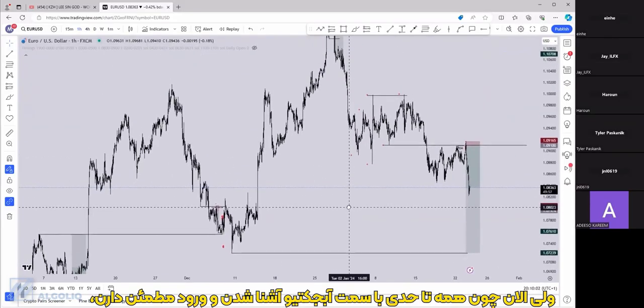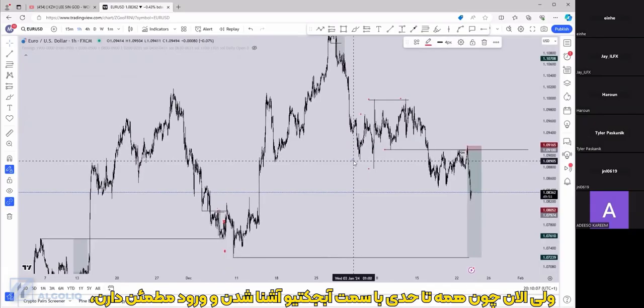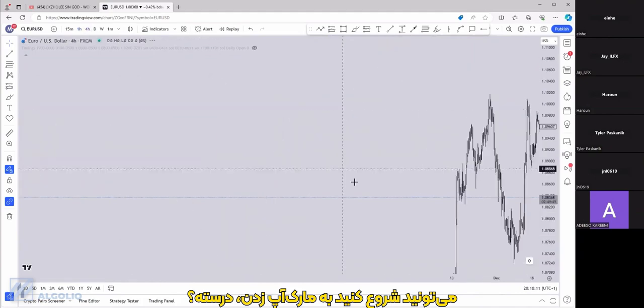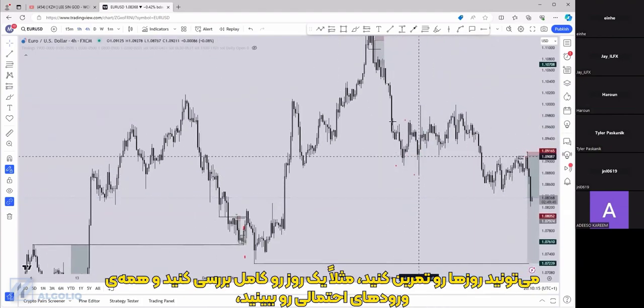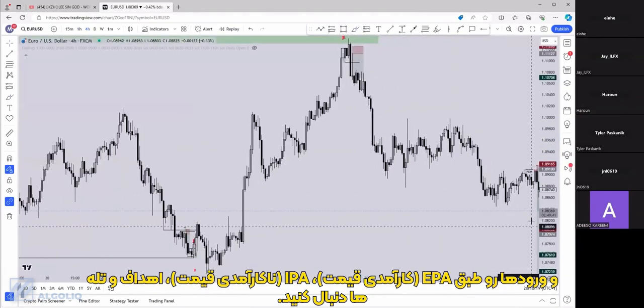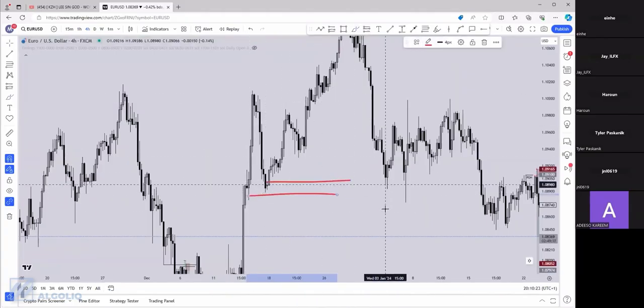But now, since everyone knows high time frame objective a bit and has a solid entry model, you can start doing markups, right? You can start playing out days, like doing one day, see all potential entries, following EPA, IPA, objectives, traps.